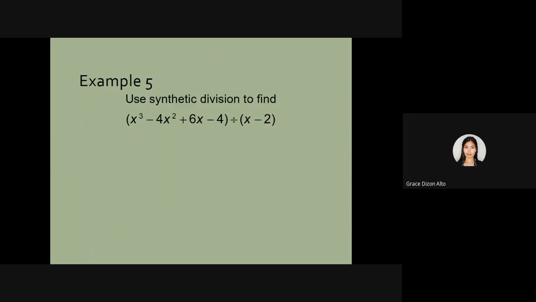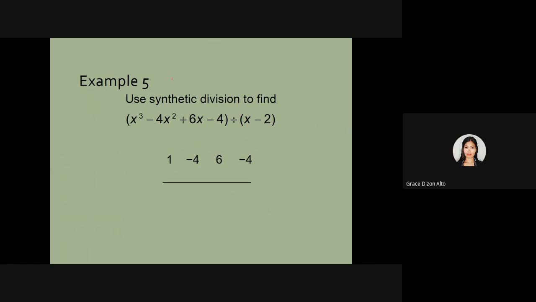Example number 5. Using the synthetic division to find x cubed minus 4x squared plus 6x minus 4 divided by x minus 2. We have discussed before that when using synthetic division, we will be using only the coefficients, and when there is a term missing, we will just be refilling it with 0.